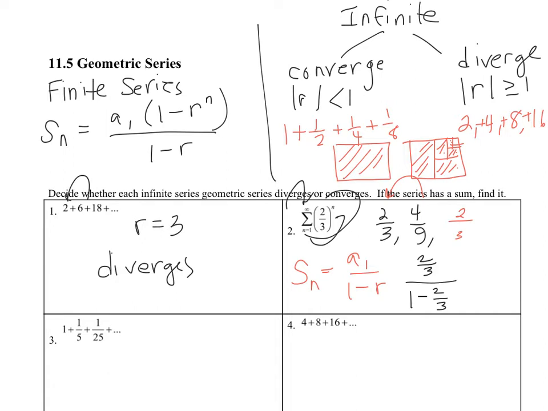To simplify, it's 2/3 divided by 1 minus 2/3, which is 1/3. So I'm going to flip the fraction over and multiply by the reciprocal. Multiply the top and the bottom by 3, and you get 6 divided by 3, which is 2. So this converges to the number 2.